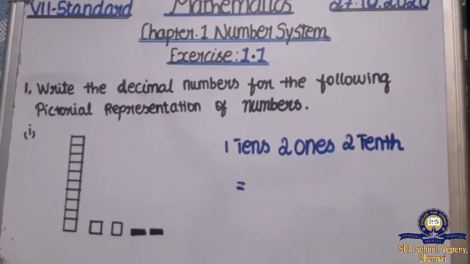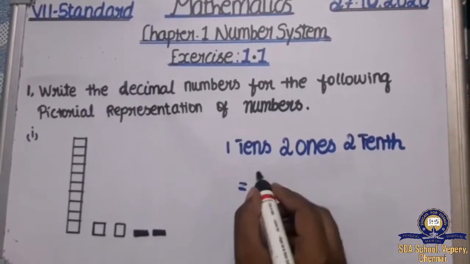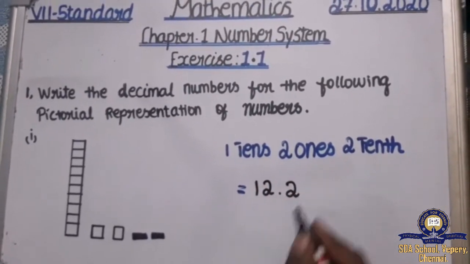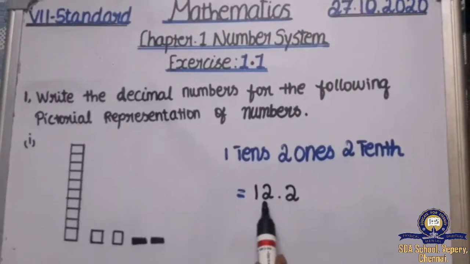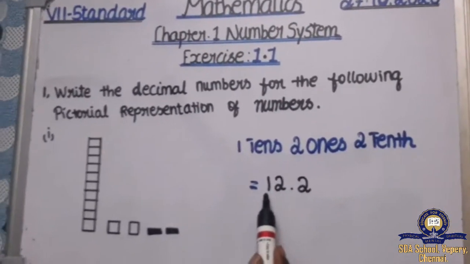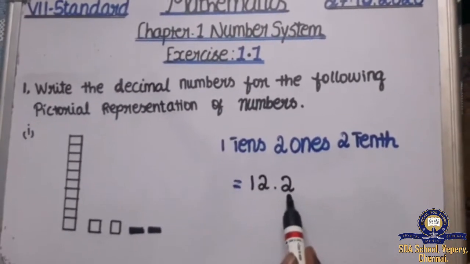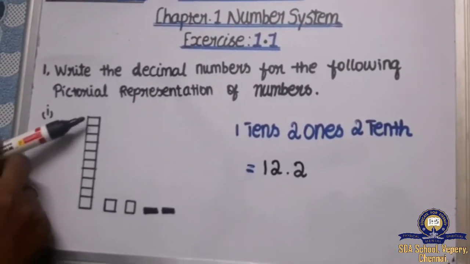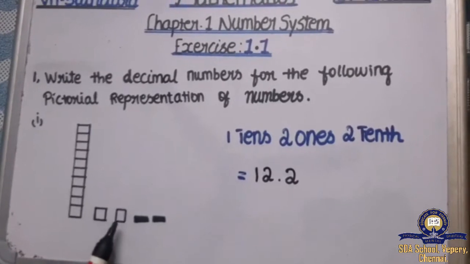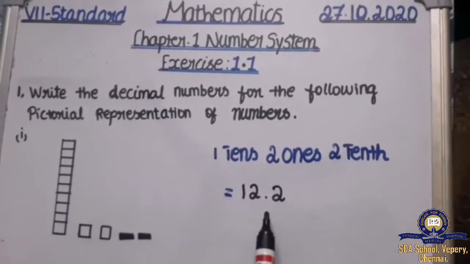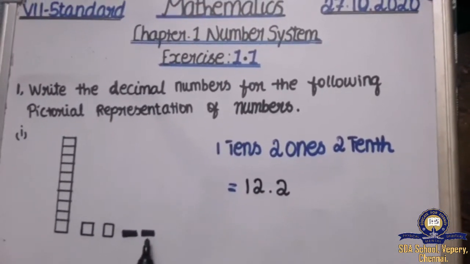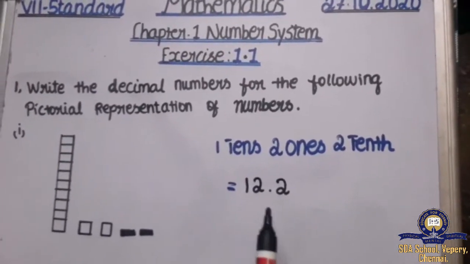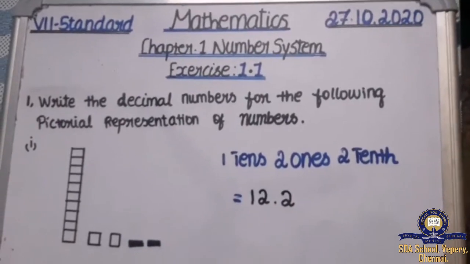What is the value of the decimal? 12.2. Here 2 represents the ones place, 1 represents the tens place and 2 represents the tenth place. Shall we add this? See how many squares there are: 10 plus 2 is 12, so 12 point, how many tenths? 2 tenths, so 2 here. So we can write the decimal number as 12.2. Okay students?